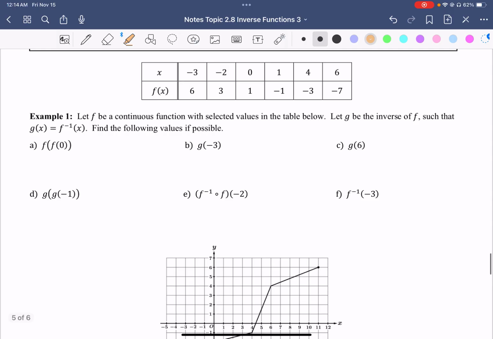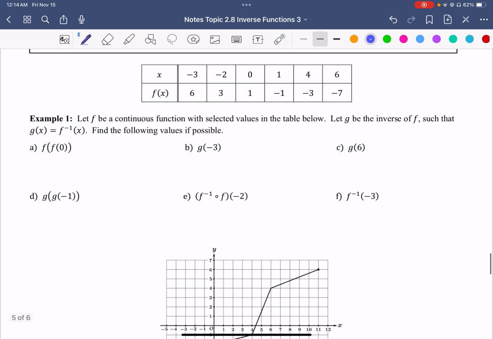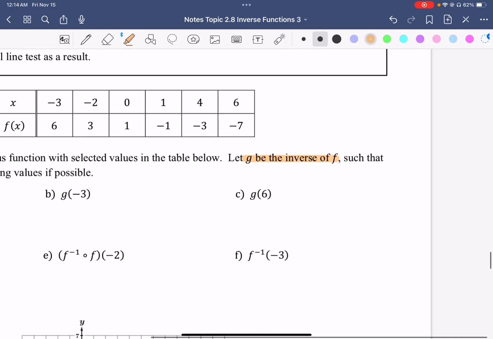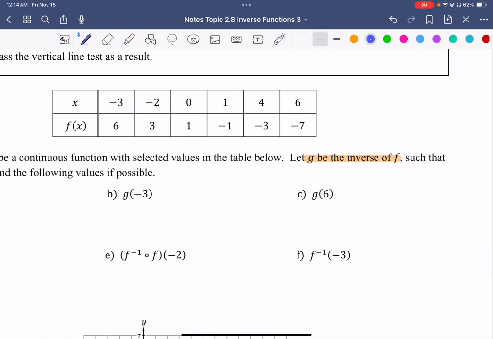Alright, let's try example 1. Let f be a continuous function with selected values in the table below. Let g be the inverse of f, such that g of x is the inverse of f of x. Find the following values if possible. So the first thing I want to do is create my table for the inverse.